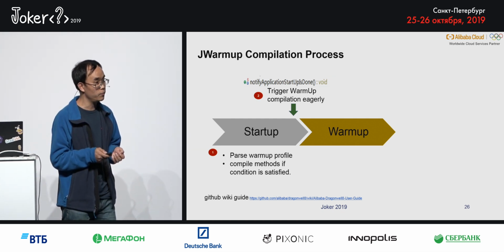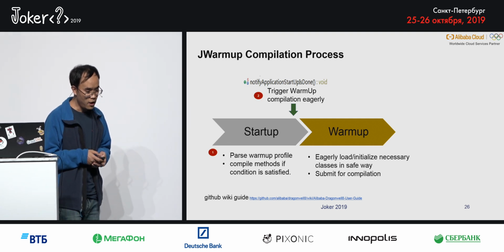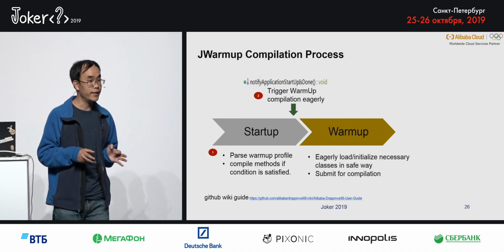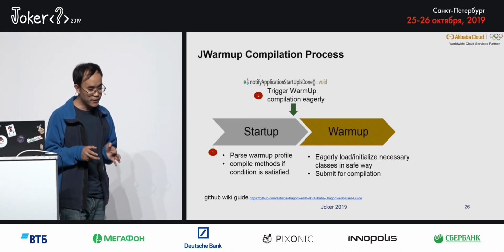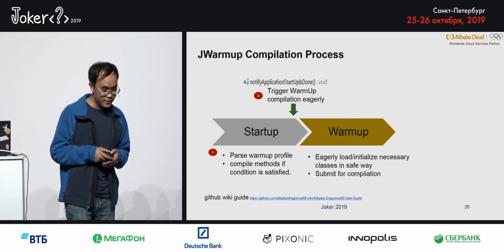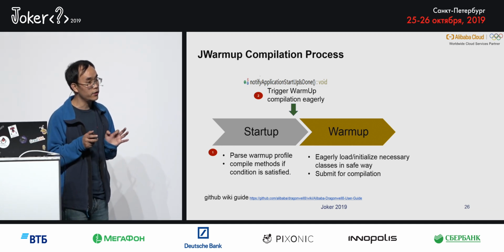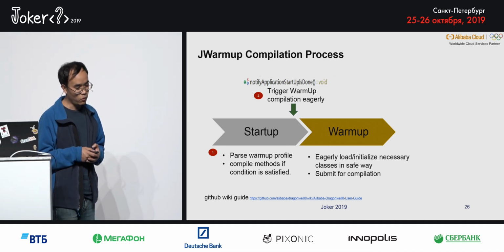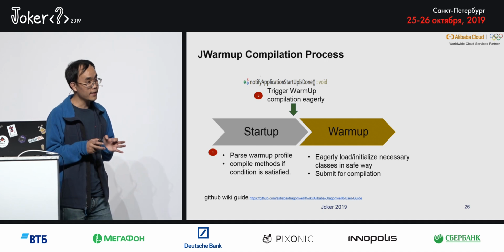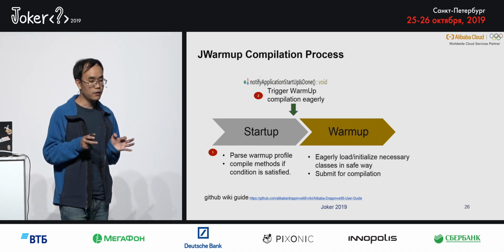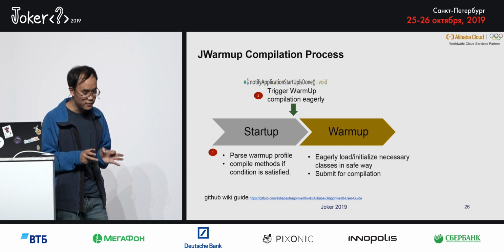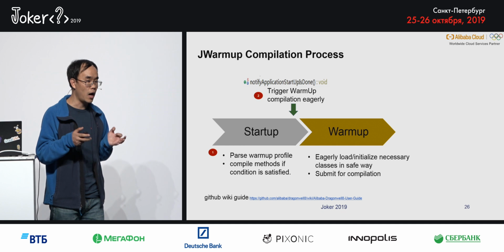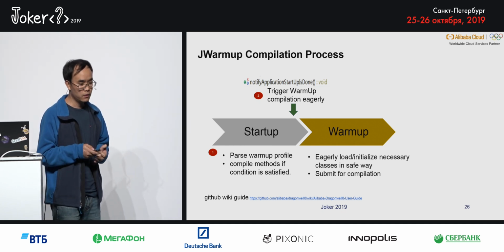Two major things will be done during warm-up. The first is that the JVM will load and initialize necessary classes in a safe way, and this load and initialization is done eagerly. When the necessary classes have been initialized eagerly, we can trigger the second round of compilation in the warm-up phase.